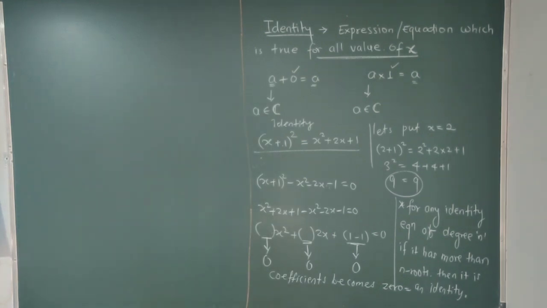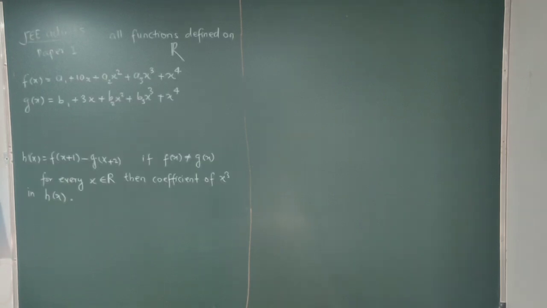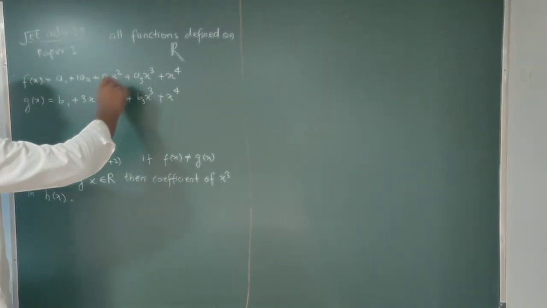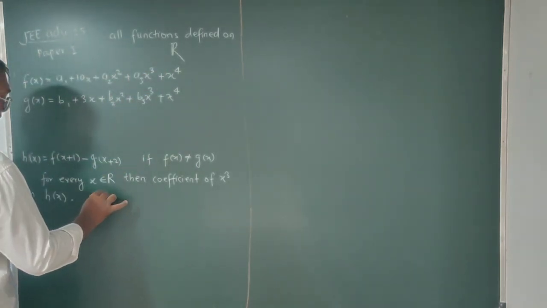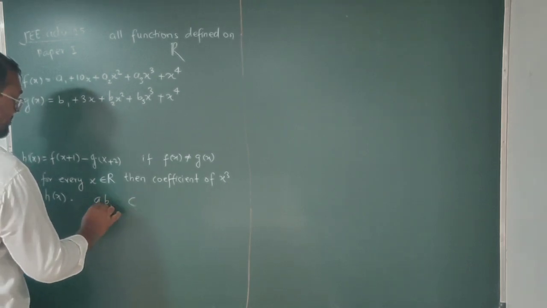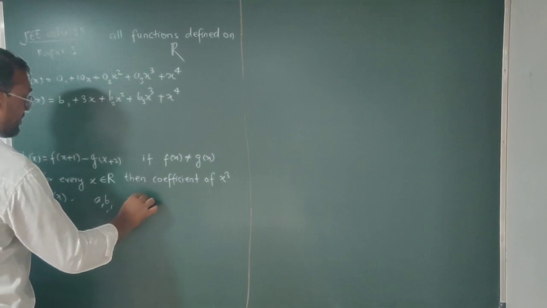Now we will see a question which can help you understand how to use both the concepts that we have learned today. This is a question from JEE Advanced paper 25 this year also, and the given is a function defined on real numbers, and also given that the ai, bi belong to real values.